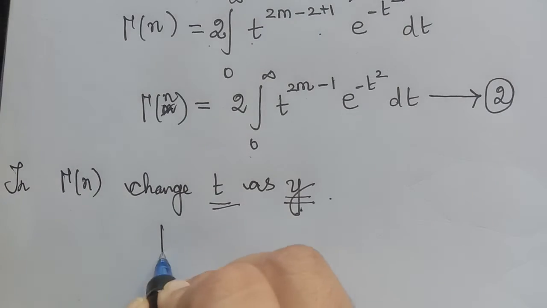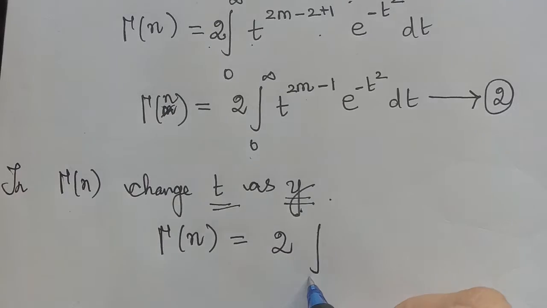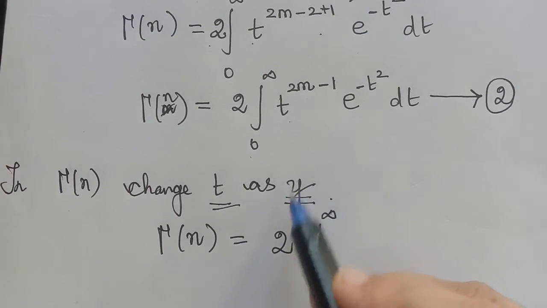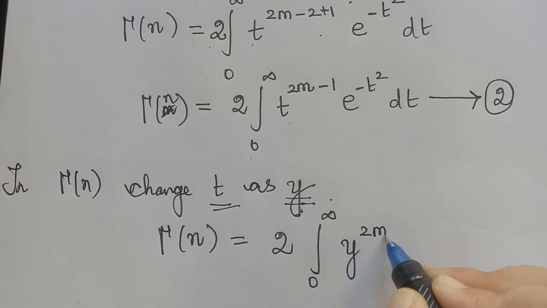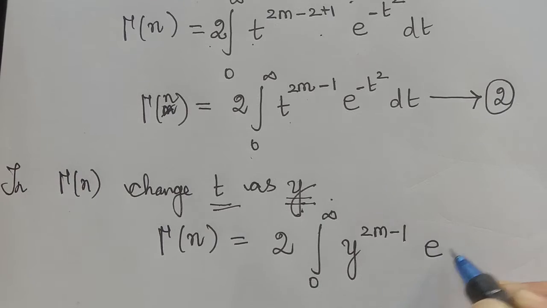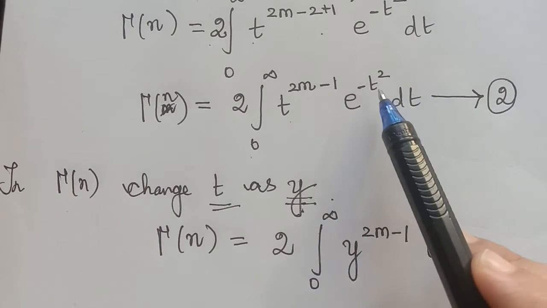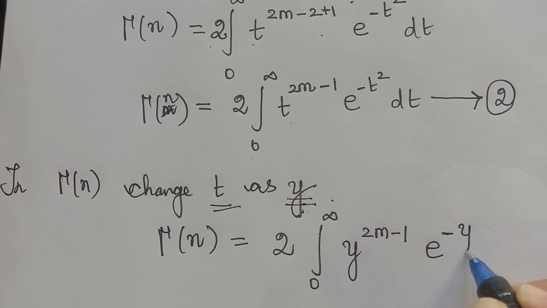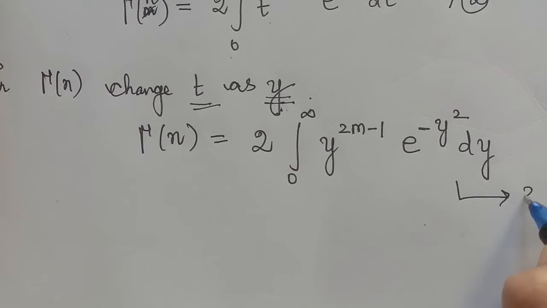And so gamma of n will be equal to twice integral 0 to infinity, and t, I am going to change it as y because it's a variable. So y to the power 2m minus 1 e to the power minus t square. So now in the place of t we have to change it as y. So we will be having minus y square and dt will become dy. So this is equation 3.